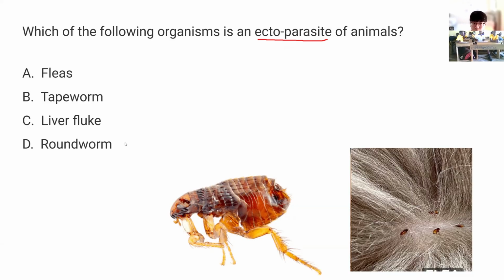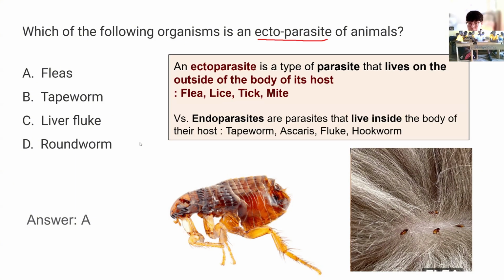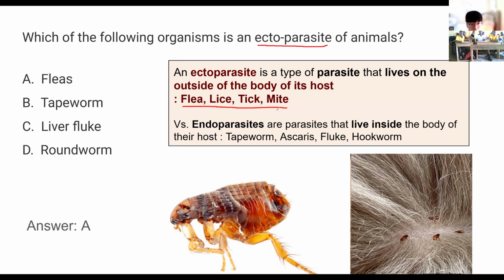This might be a little difficult, because I haven't given any examples, but the answer is A, fleas, because a flea lives outside of our body. Things like flea, lice, tick, and mite are all ectoparasites, the type of parasites that live on the outside of the body.